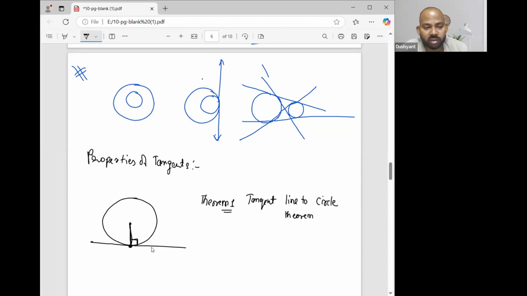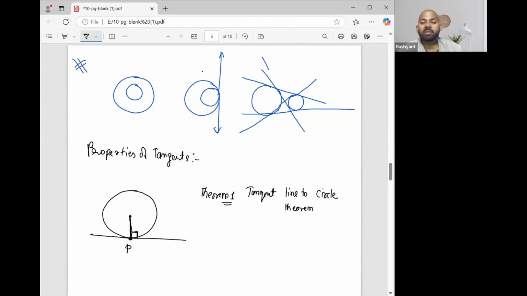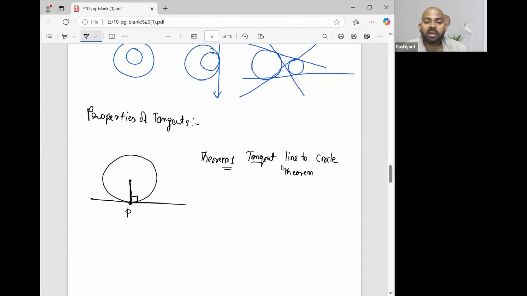Let's suppose P is the point of contact. In a plane, a line is tangent to a circle if and only if the line is perpendicular to the radius of the circle at the endpoint. That means the line will be my tangent line if and only if it makes 90 degrees with the radius.